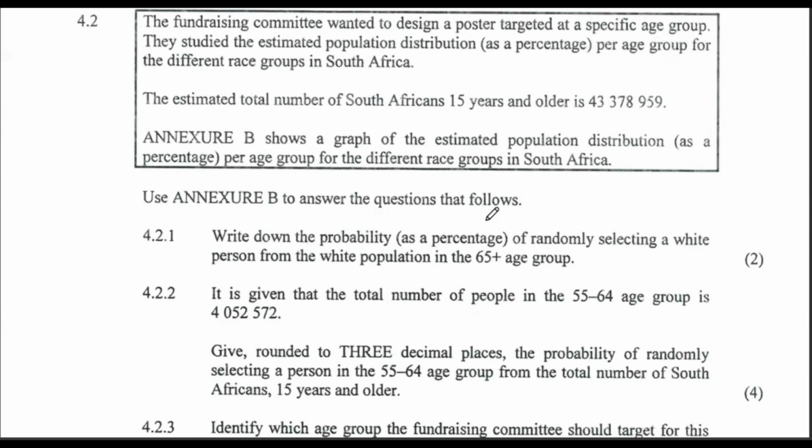The estimated total number of South Africans 15 years and older is 43,378,959. The annexure shows the graph of the estimated population distribution as a percentage per age group for the different race groups in South Africa.